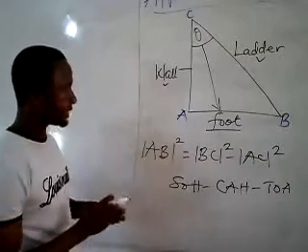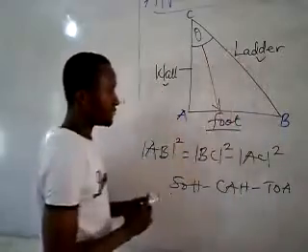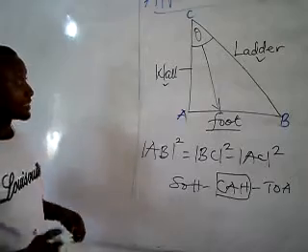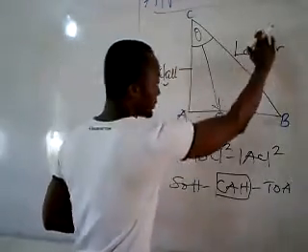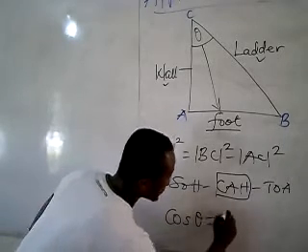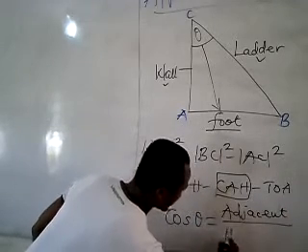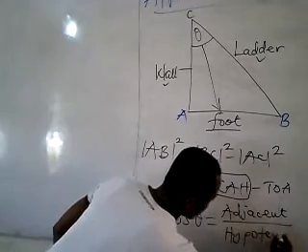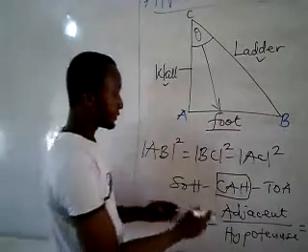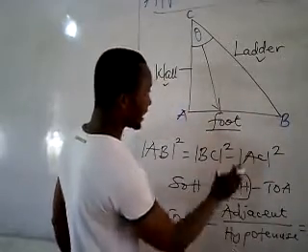Now in this, you look at where I have ticked the wall and the ladder. It means that to find theta, we use the wall and then the ladder. Meaning that you come here and look at where we have the CAH, and that is adjacent over hypotenuse, meaning that our cos theta is equal to adjacent over hypotenuse, and the side of the triangle for adjacent is AC over hypotenuse BC.